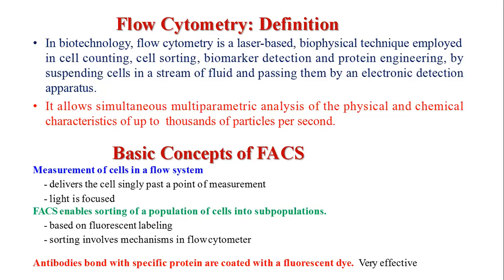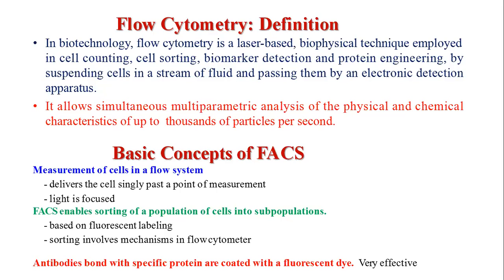Now I'm coming into the basic component of FACS. So FACS contains mostly three different components. One is the measuring system, one is the sorting system, and the third one is the analyzing system.